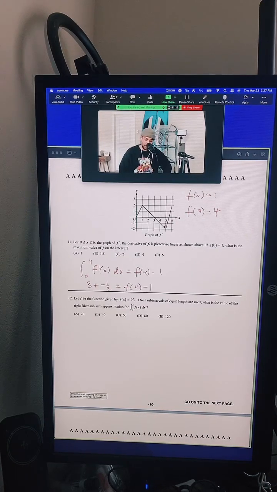And this becomes 2.5 is equal to f of 4 minus 1. Bring the 1 to the other side, and we get 3.5 is going to be our f of 4. So f of 4 is, wait, that's not going to be correct, because we said that was 3. It's not f of 4 then. But they're saying that it is. Did I do my math wrong on this one?